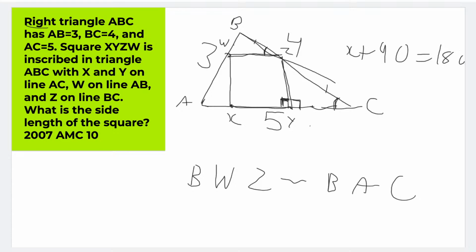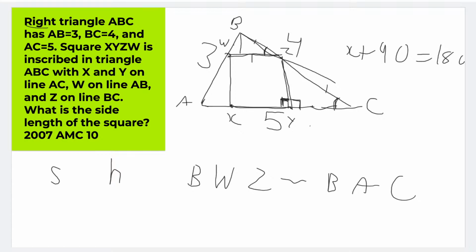Now pretend the side length of the square is S, and the height of the triangle is H. We want to write a proportional statement. If these two triangles are similar, we're going to take some of the side lengths. We want the total height of this figure.